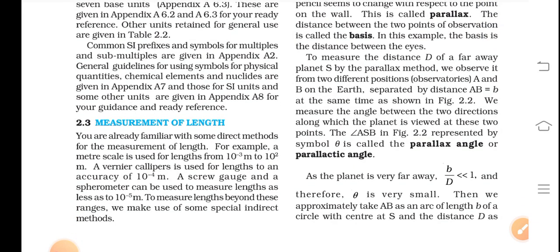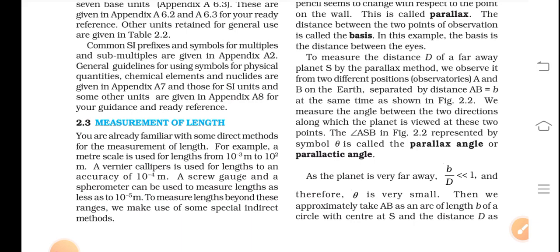Here, measurement of length. You are already familiar with some direct methods for the measurement of length. In lower classes we use a scale, a 15 centimeter or 30 centimeter scale. For example, a meter scale is used for lengths from 10 power minus 3 meter to 10 power 2 meter.